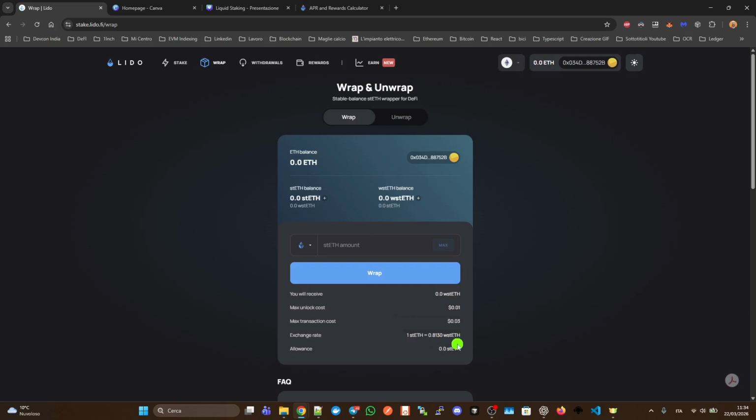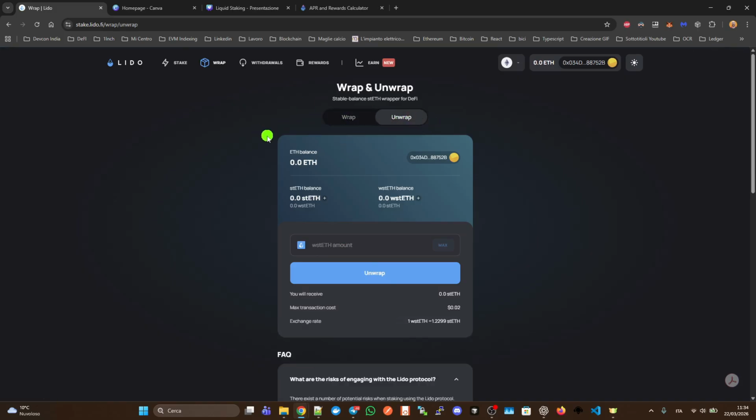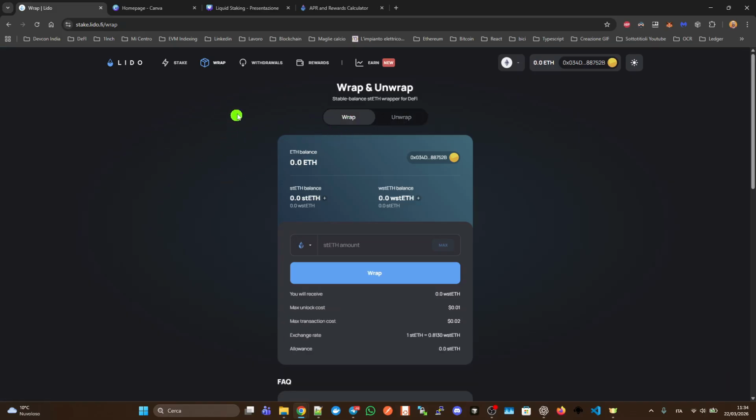The value of wrapped staked Ether changes over time, while here the value does not, and the balance of this token accrues. So they have a different exchange rate. And here, of course, you can wrap your staked ETH or unwrap. So you can go to wrapped staked Ether or vice versa using this page.